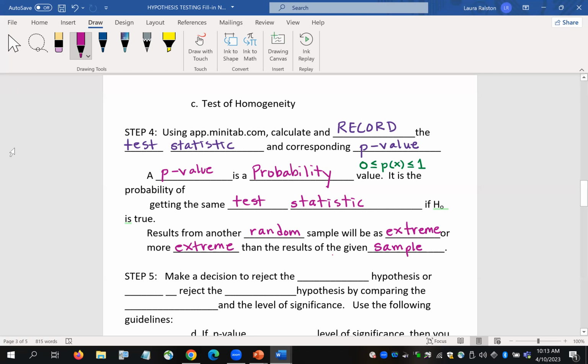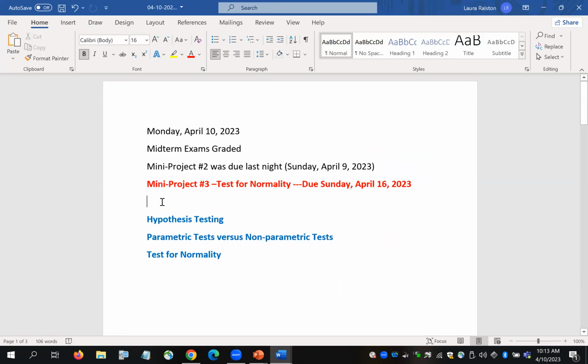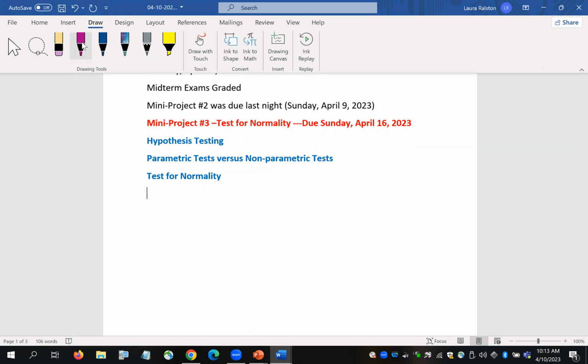Okay, I want to talk for a minute about the level of significance. And I'm going to go back over to where I had our kind of plans for today to talk about level of significance. Prior to the midterm, or just before the midterm, we talked about the confidence level.